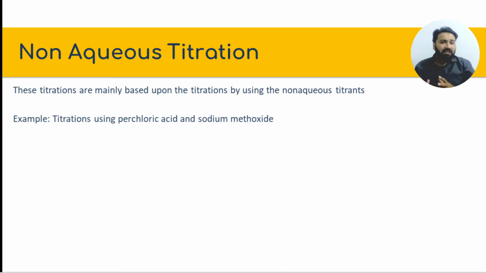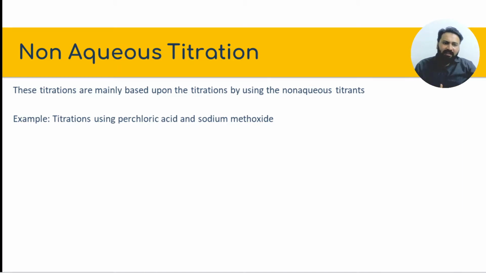When our analyte is not soluble in water, when it is not compatible with water or the aqueous phase, then we use a non-aqueous solvent, like perchloric acid, sodium methoxide or dimethyl formamide. So then we use these non-aqueous titrations. We are discussing all these things very briefly. One by one we will discuss them in detail in the coming sessions.